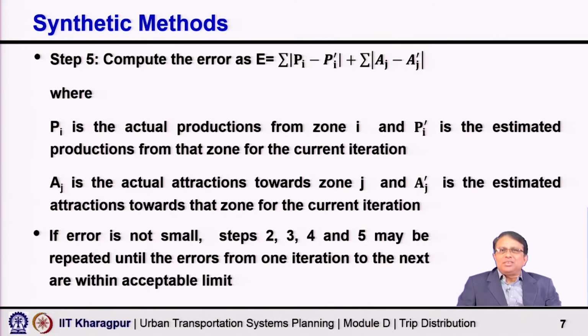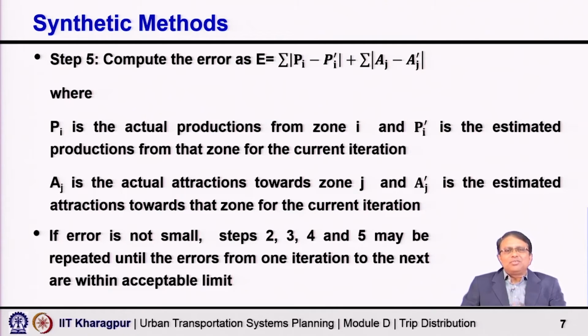If you are satisfied, fine; otherwise go back and do one more iteration, because finally our aim is that we want the production ends and the attraction ends to match as per our expectation, within the permissible or acceptable error. So, till we are satisfied, every time we come back and calculate.